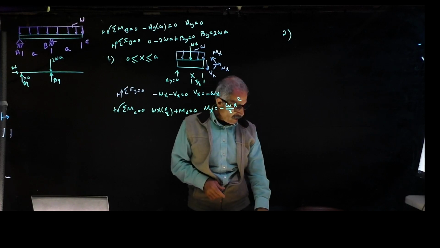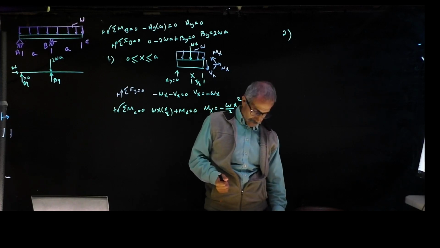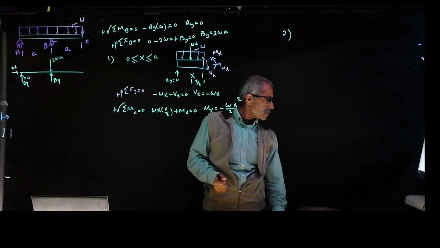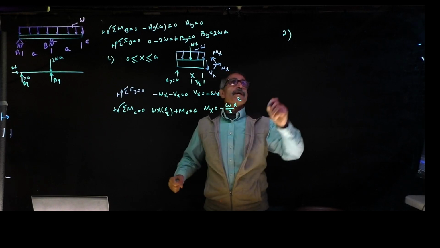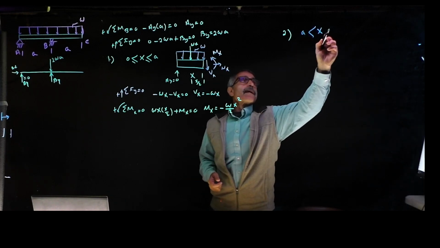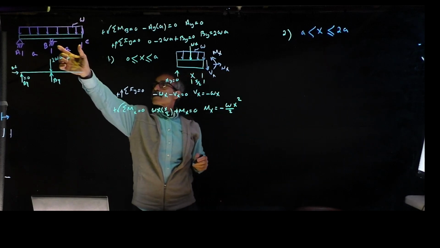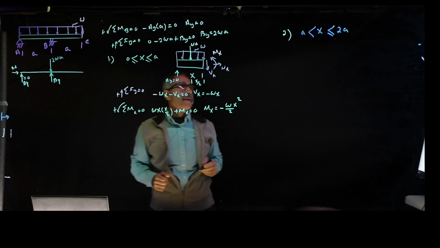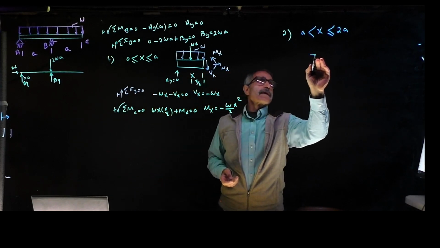The other situation is 2, when x is bigger than a. So what happens when x falls in this area? We're going to do the free body diagram again.